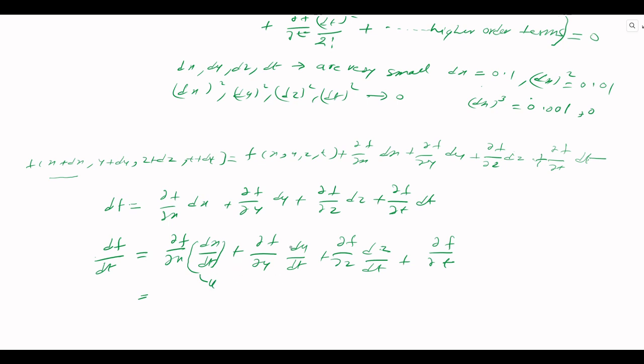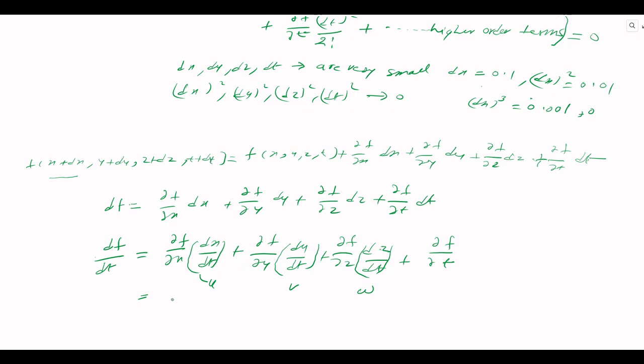Here dy by dt becomes v, and dz by dt becomes w, the velocity in the z direction. I am just rearranging, writing this term first.